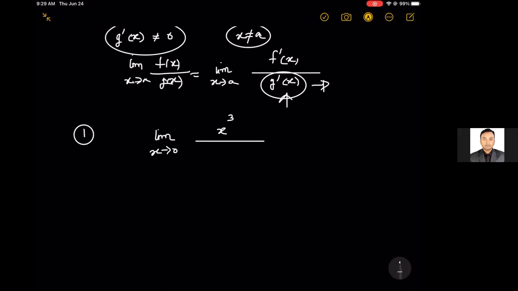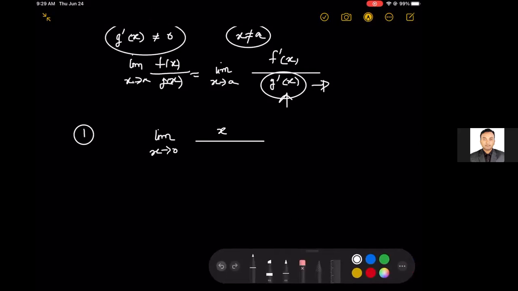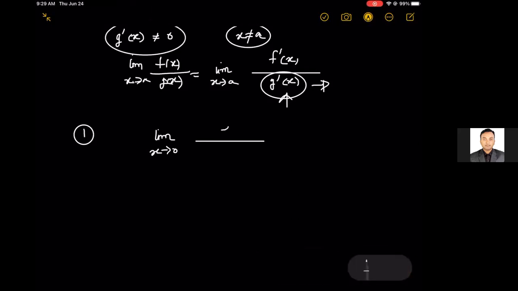Yeah, let's do it this way, okay? So if I plug in 0, it becomes 0 over 0, right? So I can't really plug in the value to get the limit.